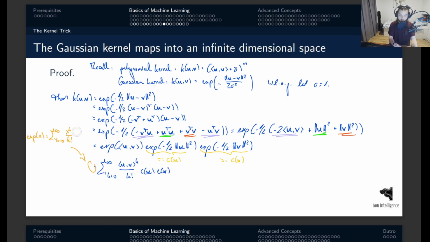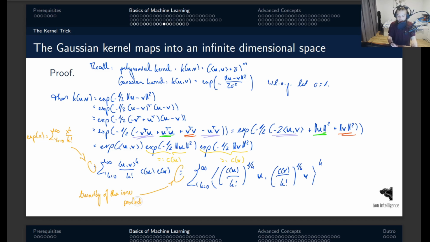And then we recall this famous identity that the exponential of some quantity x is equal to the infinite sum starting from k equals 0 to infinity of the terms x to the power of k divided by k factorial. So we can rewrite the exponential of the inner product of u and v as follows. It's the infinite sum starting from k equals 0 of terms inner product of u and v to the power of k divided by k factorial. And then we multiply cu and cv to that expression.